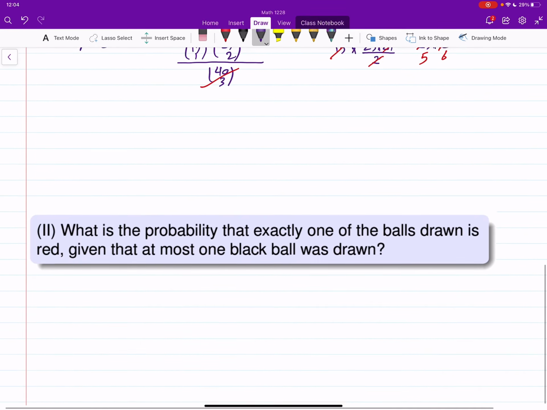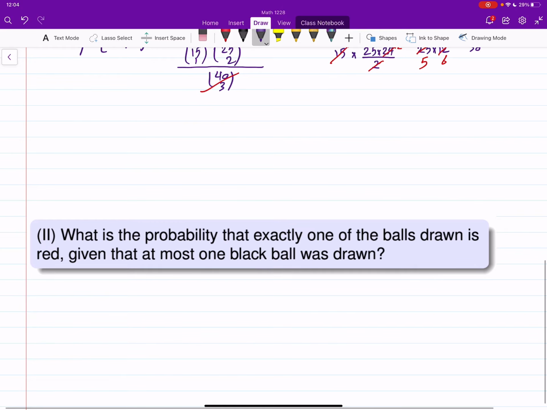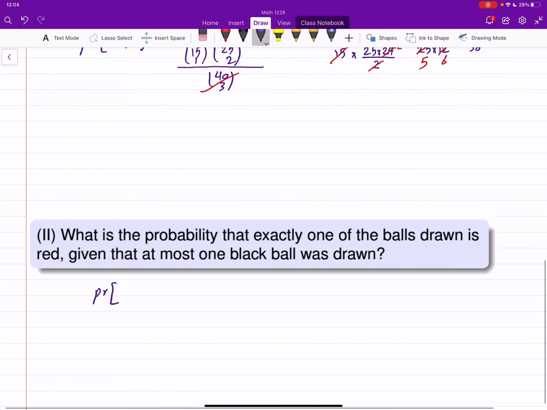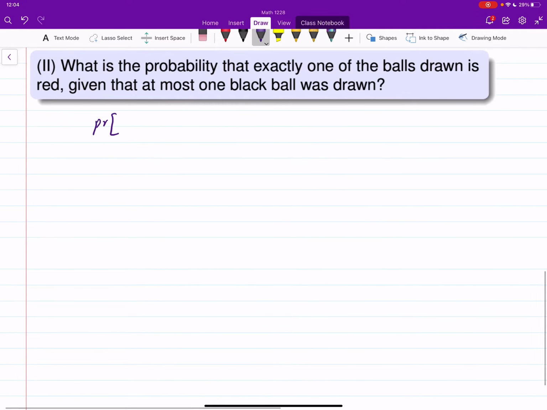Let's do another example here. So what is the probability that, okay, so let me write this. Probability that exactly 1 red is drawn, but knowing that, or given that, at most 1 black was drawn.